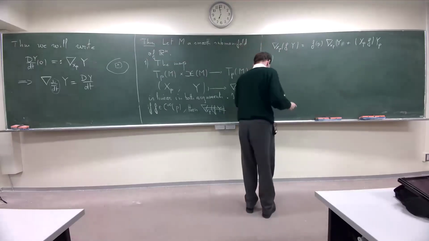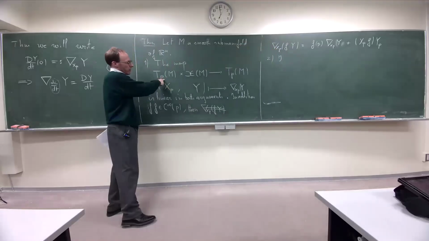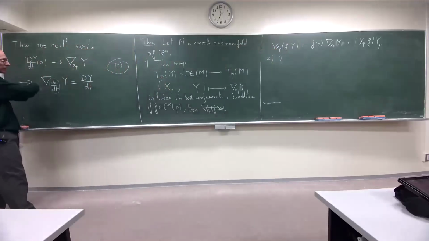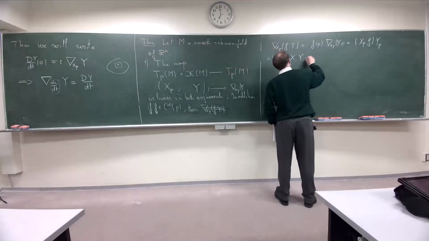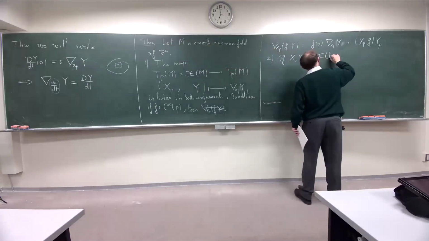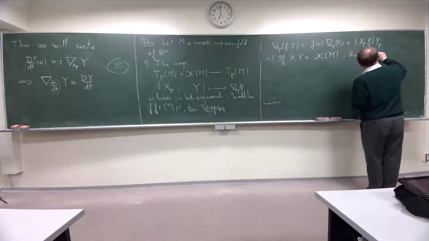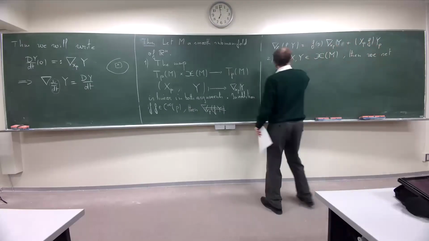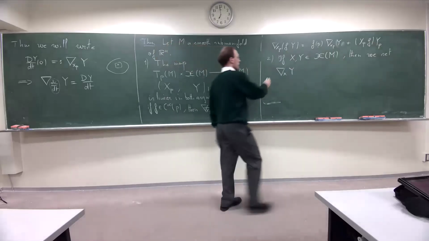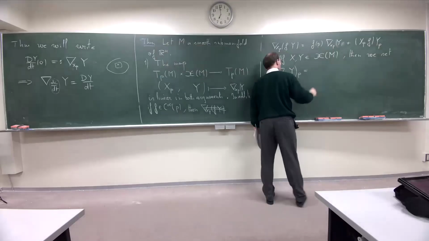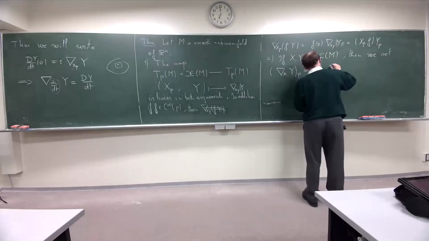Now I want to look at something slightly more general. I want to get rid of p, so I want to define it essentially in the same way as here. I want to do it without evaluation. So if x and y are vector fields on M, then we set nabla x of y. I haven't defined this. I define it when I evaluate it at p precisely as this, nabla xp of y.